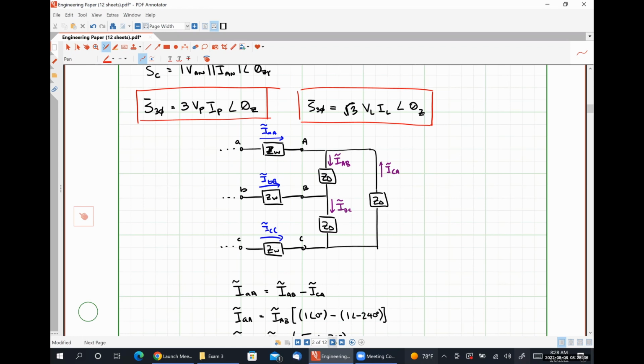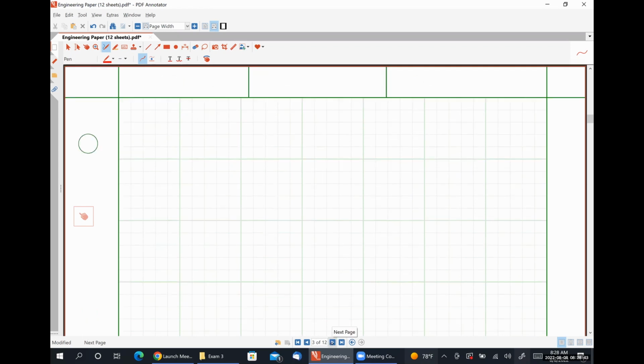So now let's talk about the constituent parts of our three-phase power. So we know, I'm going to summarize things up here, that S three-phase can be written as 3 multiplied by the magnitude of our phase voltage times the magnitude of our phase current with an angle of whatever impedance we have as our load.